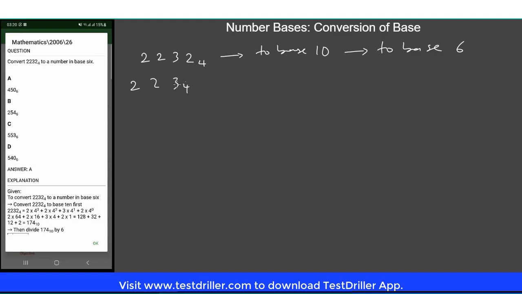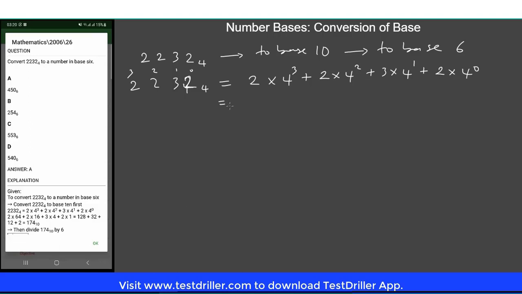To convert to base 10, you first add the place numbers. This is 0, 1, 2, and 3. So you say 2 times 4 raised to the power of 3 plus 2 times 4 raised to the power of 2 plus 3 times 4 raised to the power of 1 plus 2 times 4 raised to the power of 0.